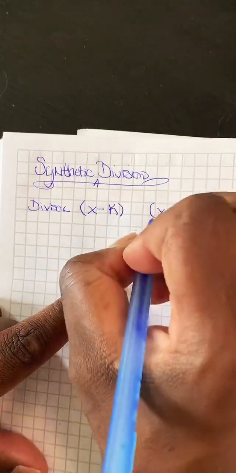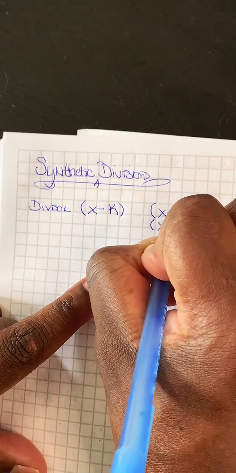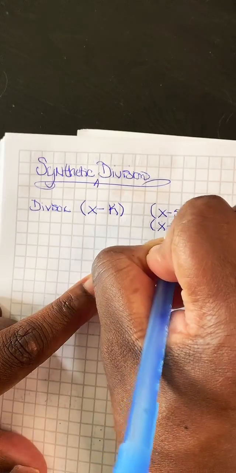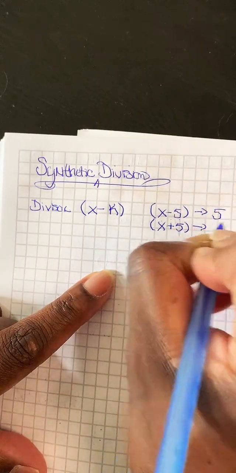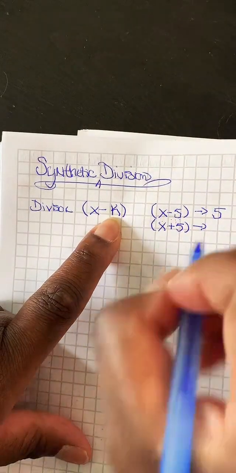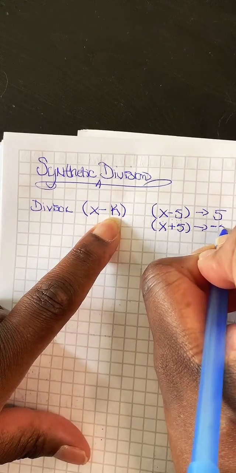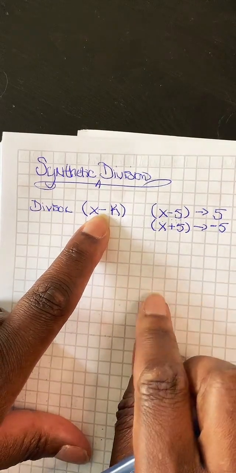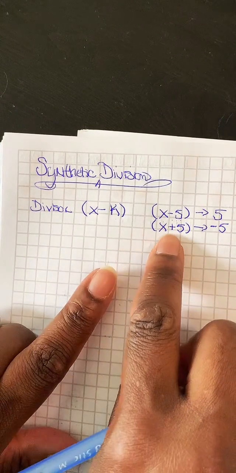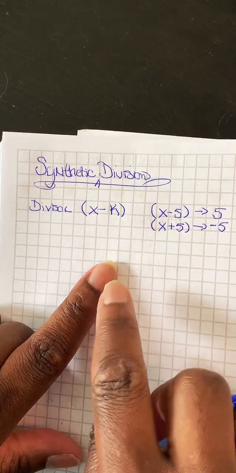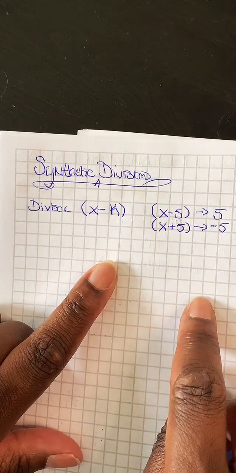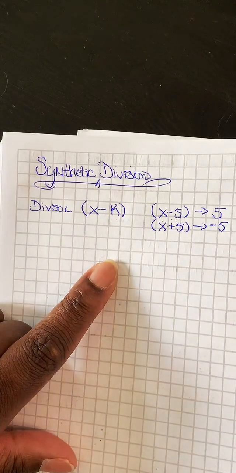But if I said x plus 5, that means my k is going to be a negative 5, because in order for a negative to turn to a positive, it was a negative times a negative, which gives me a positive.